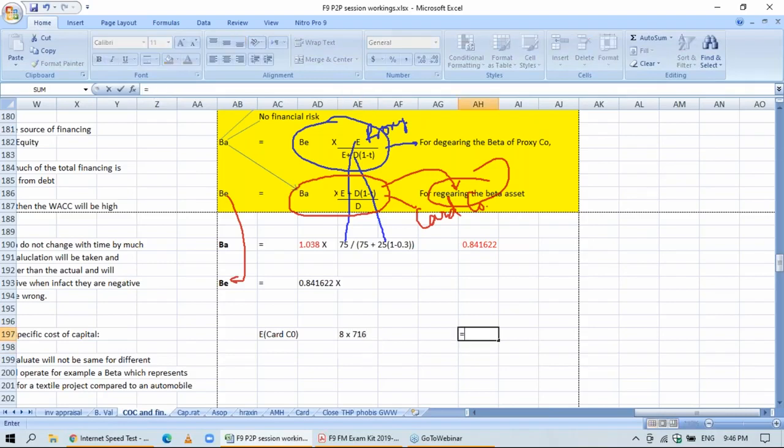So this gives you 8 multiplied by 716 cents, 5728 cents. This is the market value. If we take it in dollars, $7.16. So let's make it in dollars. 8 million multiplied by $7.16 is the market value of card company's equity. And then we need to know the market value of the debt of card company.